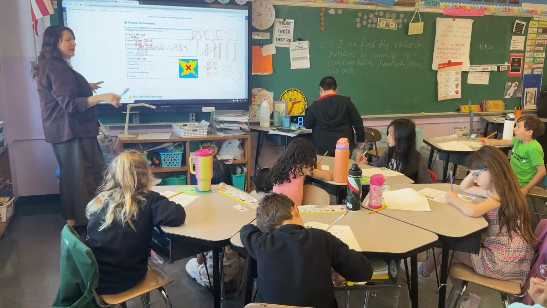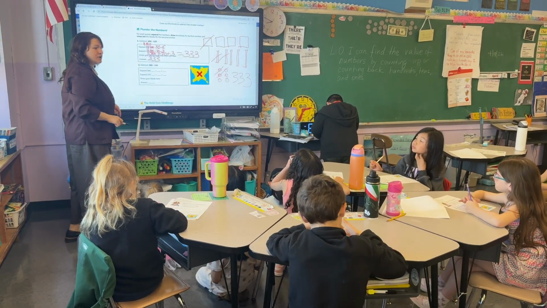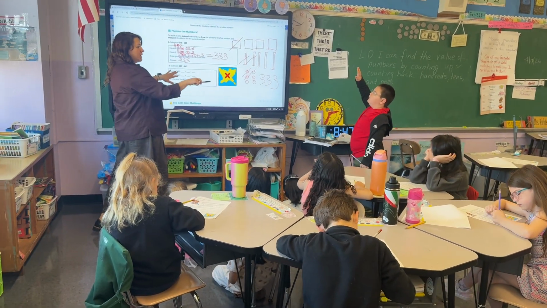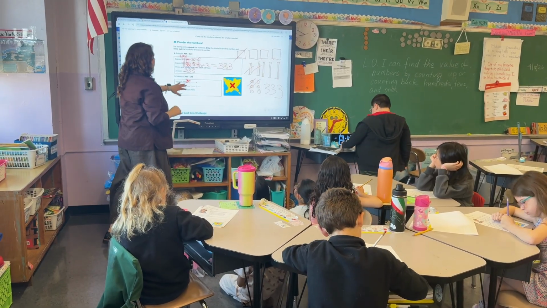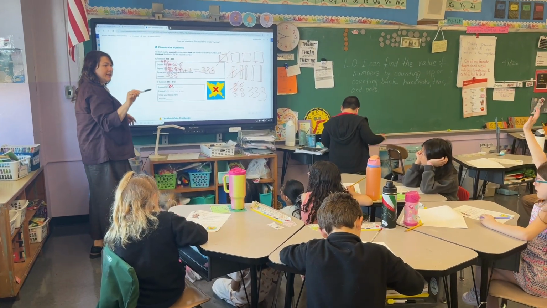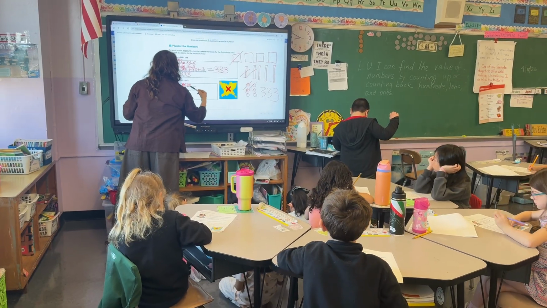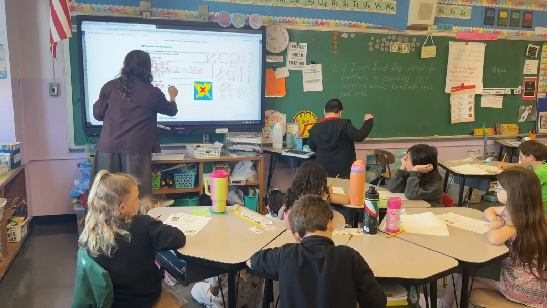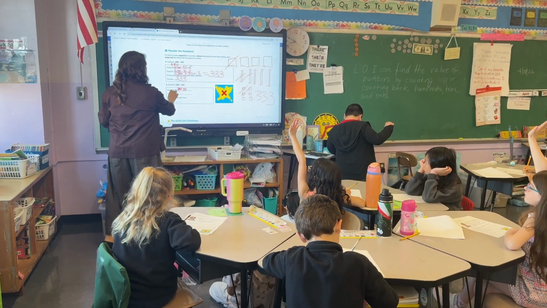So let's quickly expand this number. 385. How many hundreds? 300. What a good job. How many tens? Lily? 80. Oh, we're so quick. We really are like mathematicians. And how many ones? The last one.